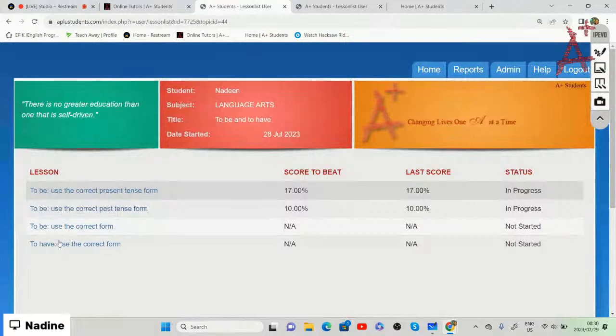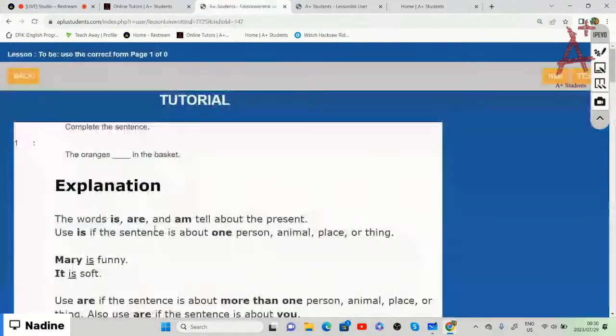So we need to now use to be, use the correct form. So before we use the correct form, remember in our previous lessons, the two lessons, we focused on the present tense as well as the past tense, right?